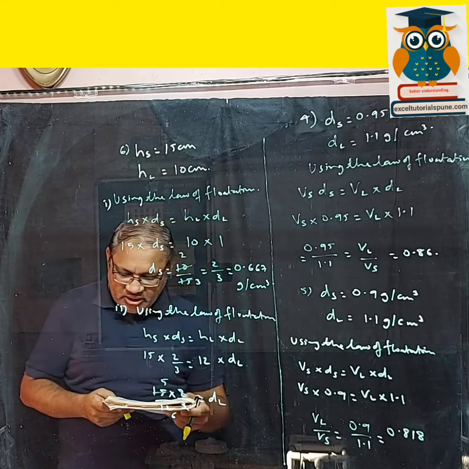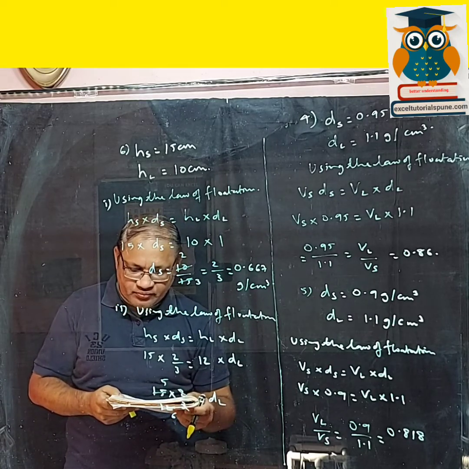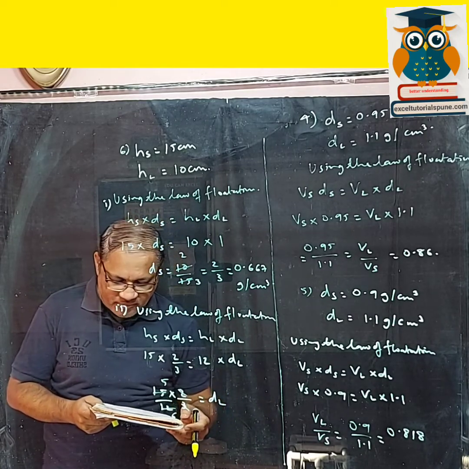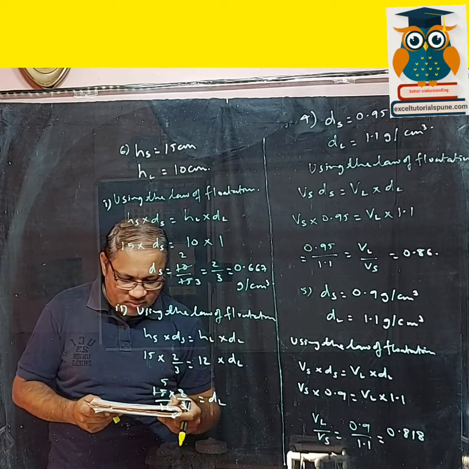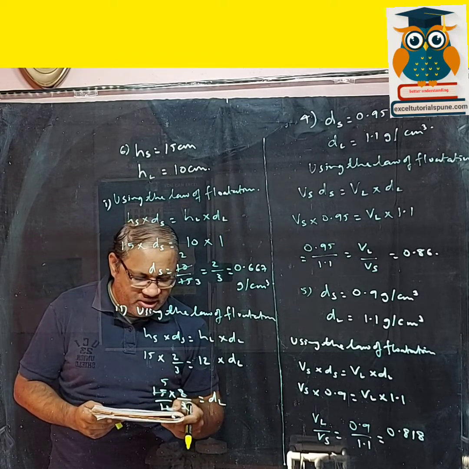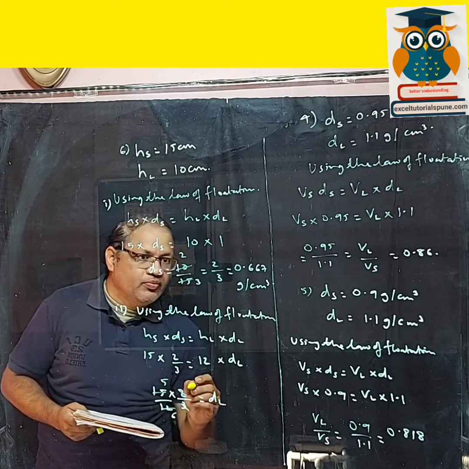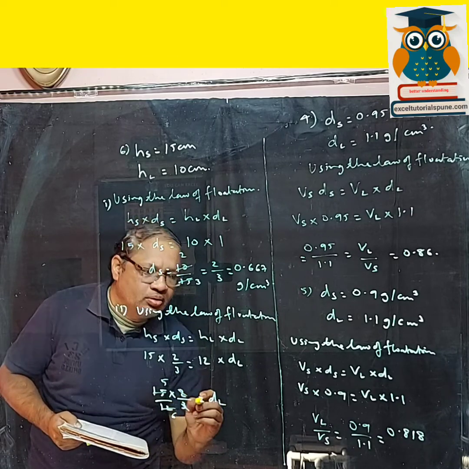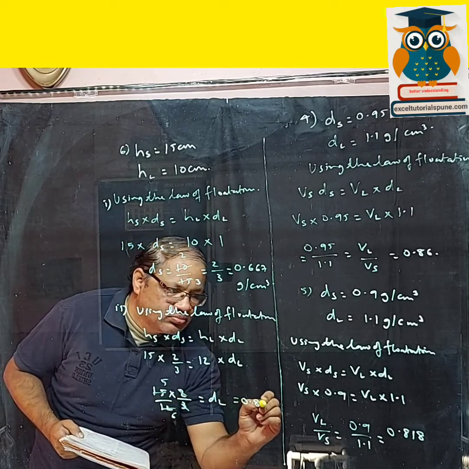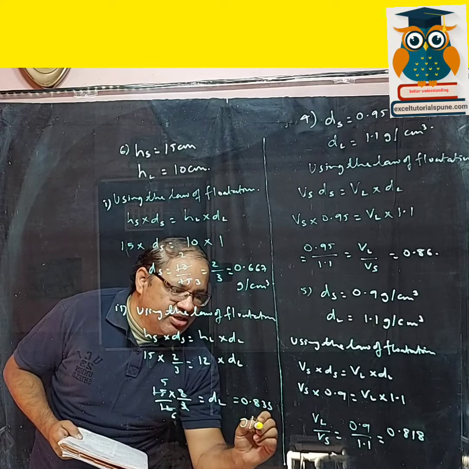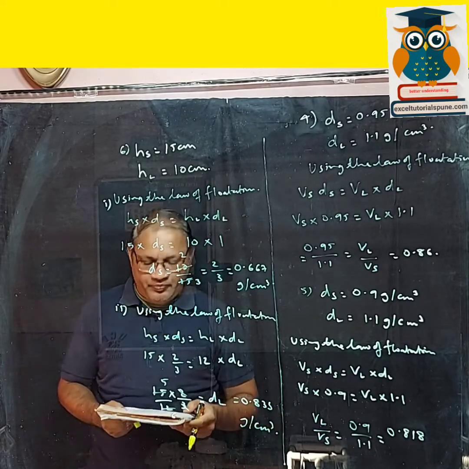So that is 0.833 gram per centimeter cube. Alright.